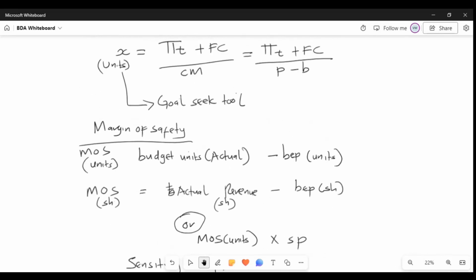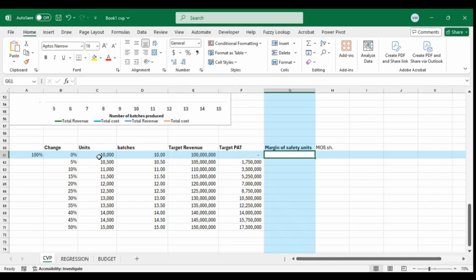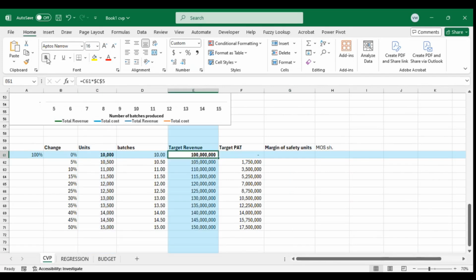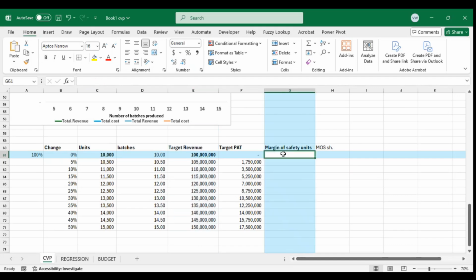So if you want to do that, then we know that this is the break-even units, and this is the break-even revenue. So if you want to get the margin of safety in units, then we'll take the actual units minus the break-even units.